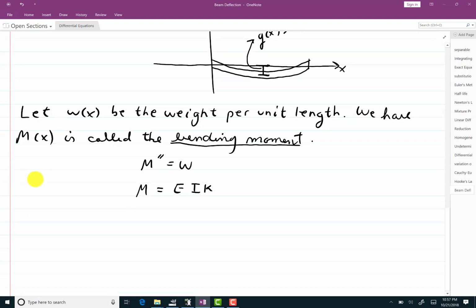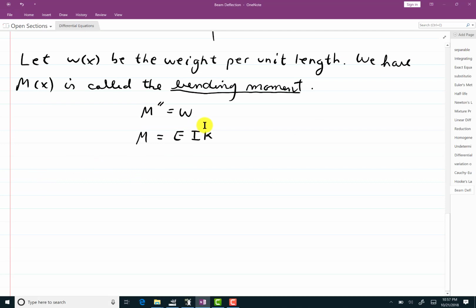I'm drawing the k to make it look strange because this k is referred to as the curvature. E and I are physical constants.